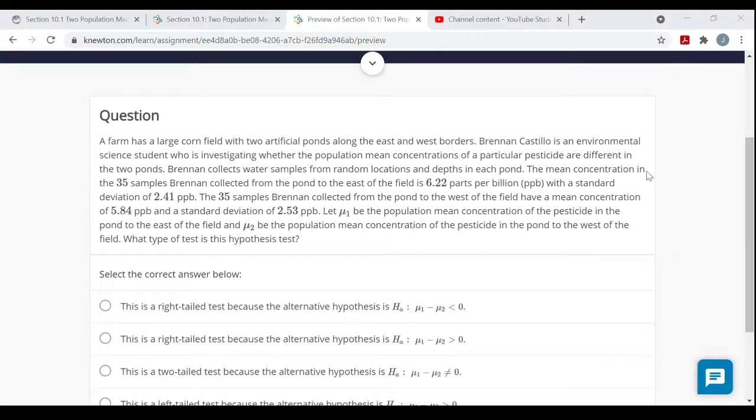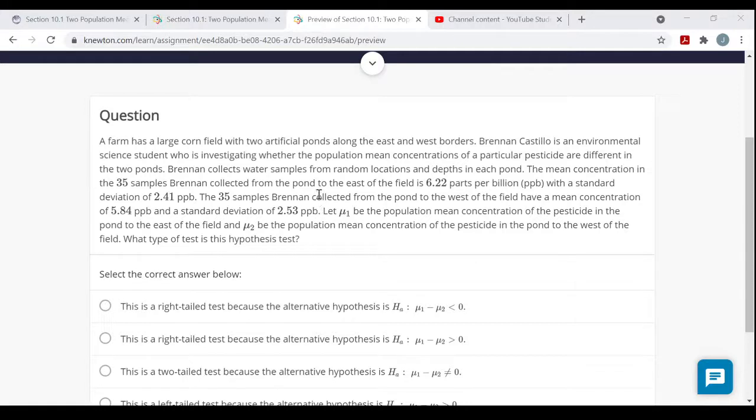The mean concentration in the 35 samples Brennan collected from the pond to the east of the field is 6.22 parts per billion, with a standard deviation of 2.41 parts per billion. The 35 samples Brennan collected from the pond to the west of the field have a mean concentration of 5.84 parts per billion and a standard deviation of 2.53 parts per billion.